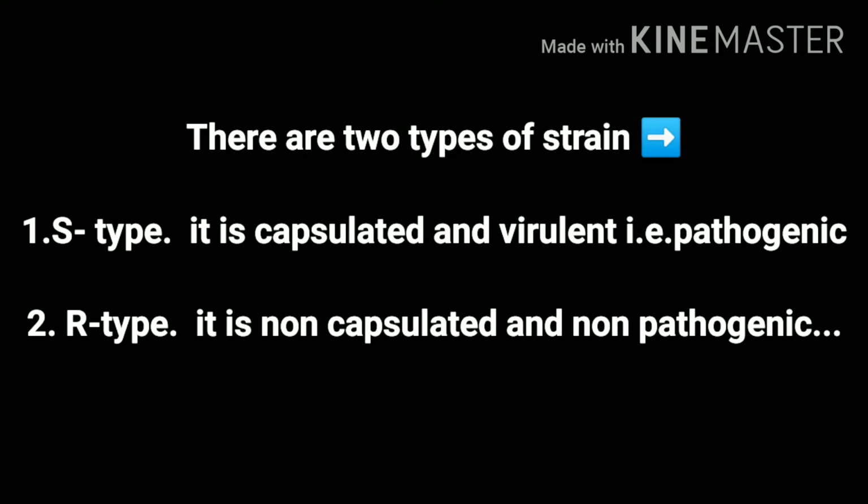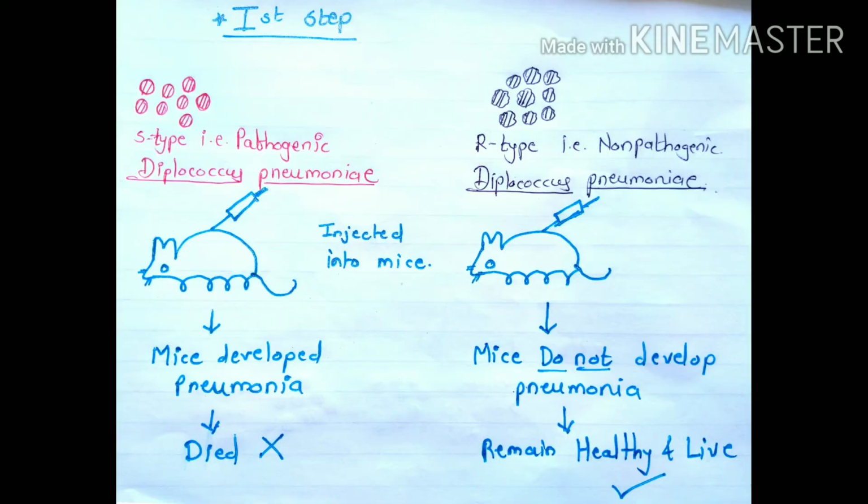And second type is R type. R stands for rough. It is non-capsulated and it is avirulent. That means it is non-pathogenic and it cannot cause pneumonia. In the first step of the experiment, when S type bacteria, that means pathogenic bacteria, were injected in healthy mice, they developed pneumonia and died.